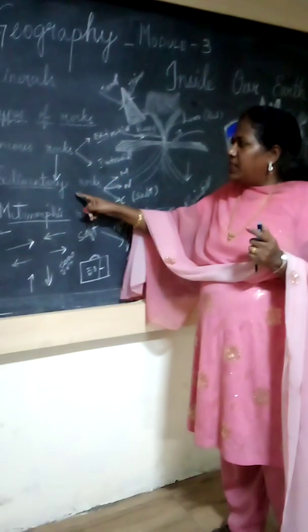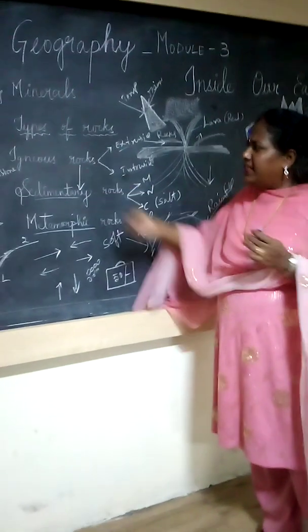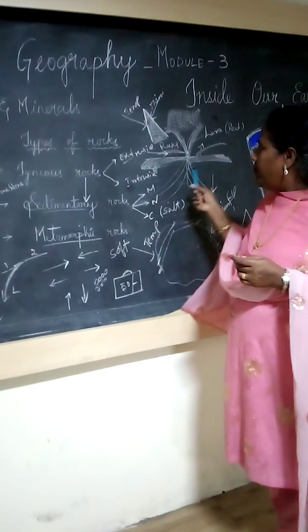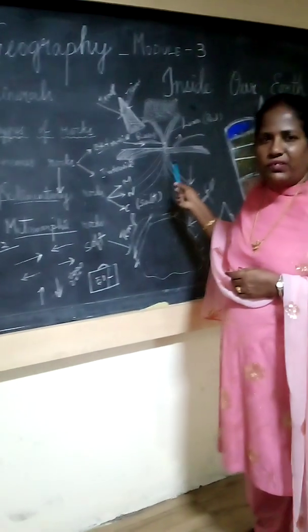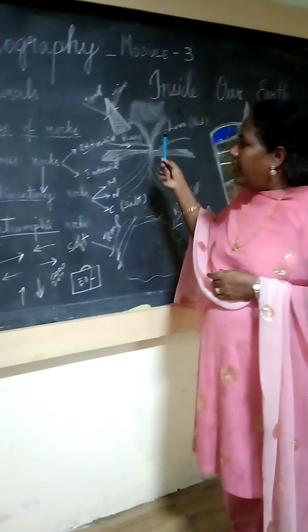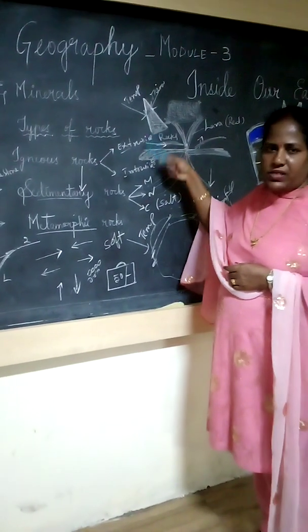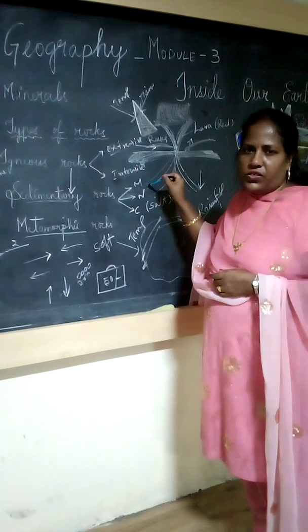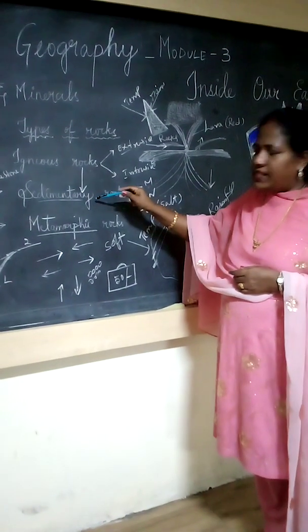The three types of rocks are igneous rocks, sedimentary rocks, and metamorphic. Igneous rocks, how are they forming? Through the volcano. They are divided into extrusive, outside. If the lava cooled inside, they are called intrusive rocks. Next, the second rock is sedimentary.